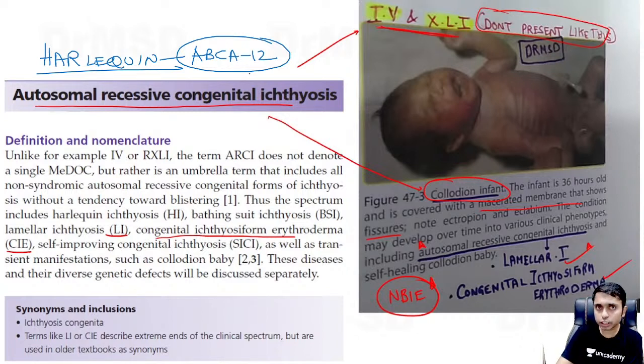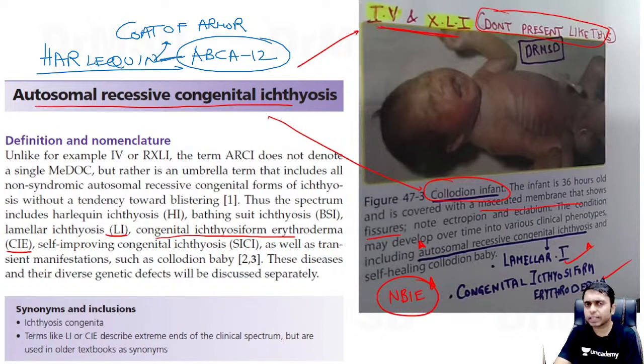I have not kept a picture, but if you see the picture, in the newborn stage itself there will be scales, and these scales will look like the child has put on a coat of armor. Most of the time these children are going to succumb due to various infections or thermoregulatory abnormalities. So mortality is very, very high in these children.